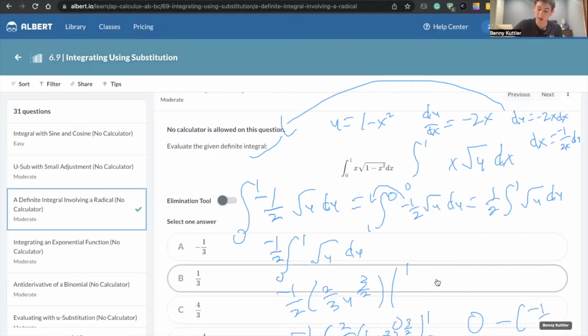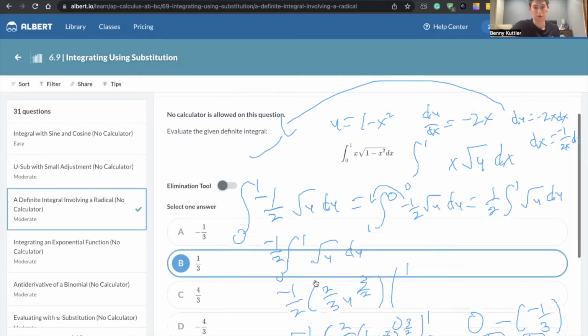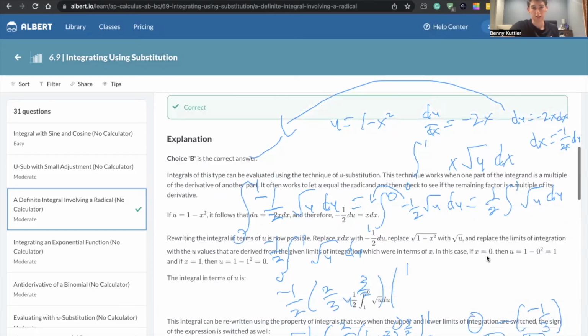So we have 0 minus -1/3, and a negative times a negative is positive. And then we get 1/3, which was our original answer. I'll write that better so you can see it. And that 1/3 is going to be our answer.